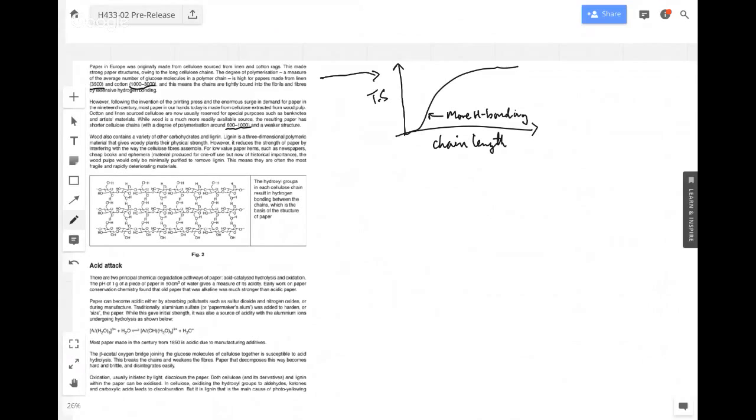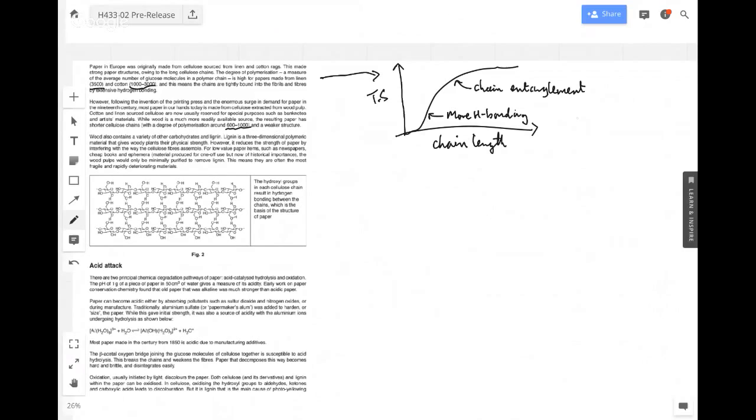Okay, and the other thing that's going on as you get longer and longer chains is you get what's called chain entanglement. So just imagine you have several very long pieces of string, and you put them in a pot and you scrunch them up.